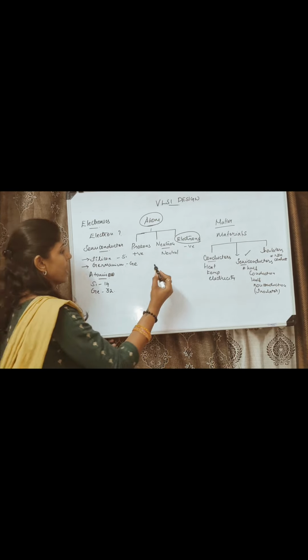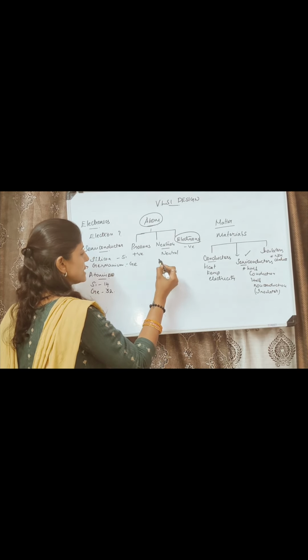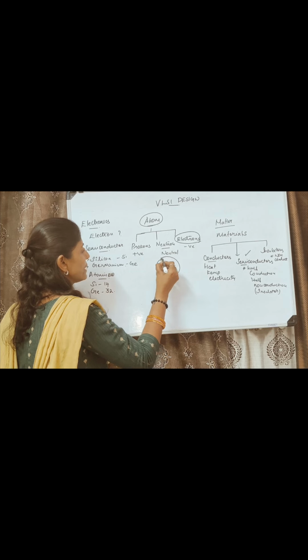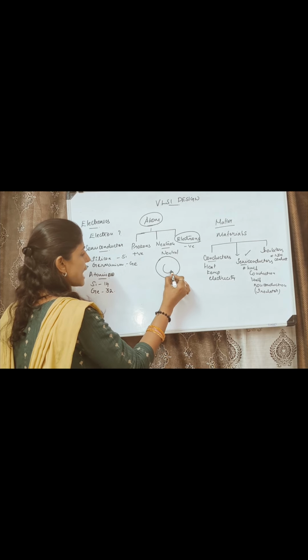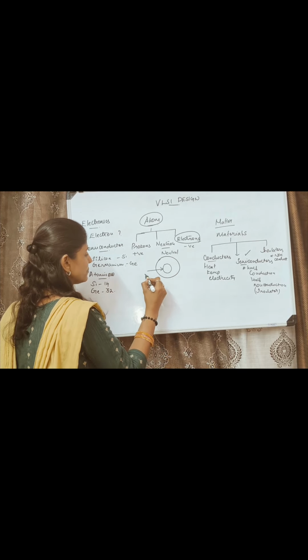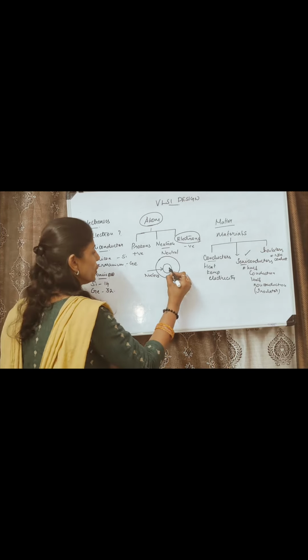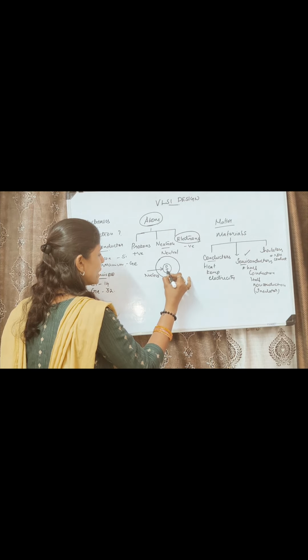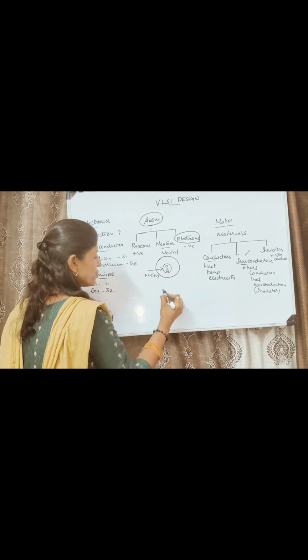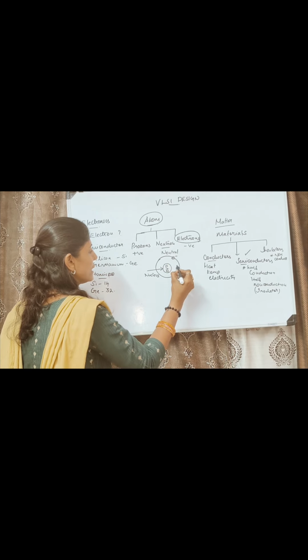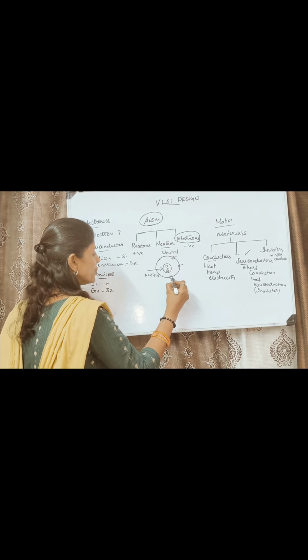I hope you already know the structure of the atom. How is the structure of the atom? It has a nucleus. The nucleus is a combination of protons and neutrons. The electrons revolve around the nucleus.